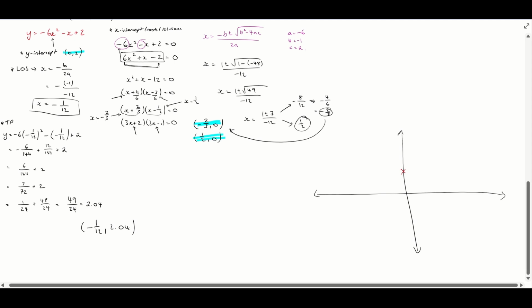So at positive 1/2 and minus 2/3. So about there, let's say. And then our line of symmetry is at minus 1/12, so that's really close to this y-axis. Probably not even done that close enough, right? And then our turning point is just above our y-intercept. It's almost right on it at 2.04 there.